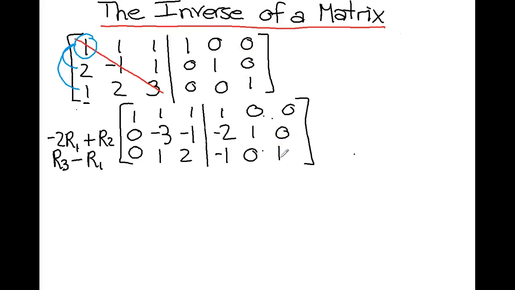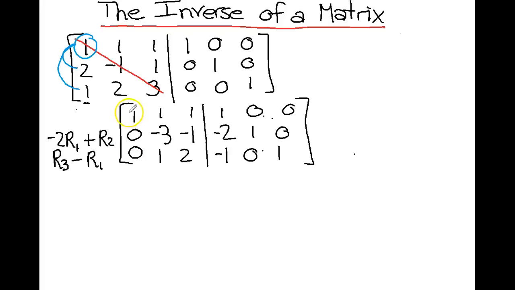Alright, so we have accomplished clearing out the first column. In order to make the left-hand side look like my identity matrix, I have to have zeros in column 1, both in the row 2 and the row 3 position.